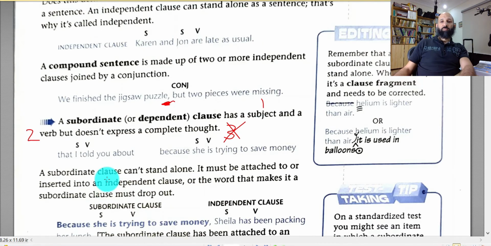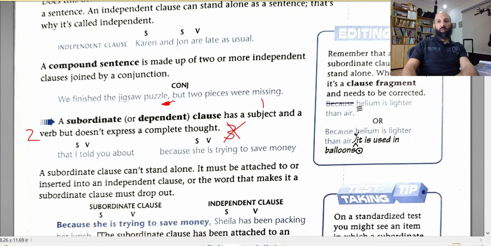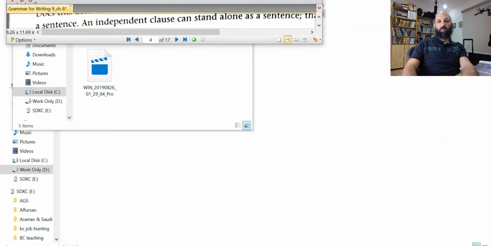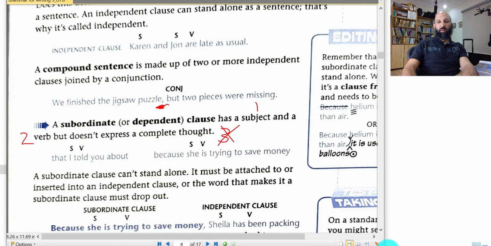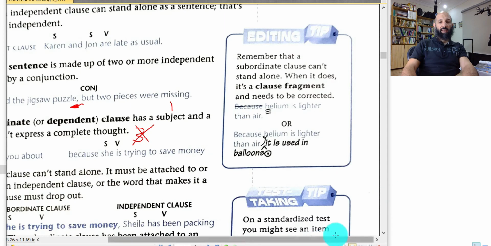So let's take a look at this here. My picture will be on the right side, so I'll try to open this here so that you don't get distracted by my lovely picture. All right, so, editing tip.